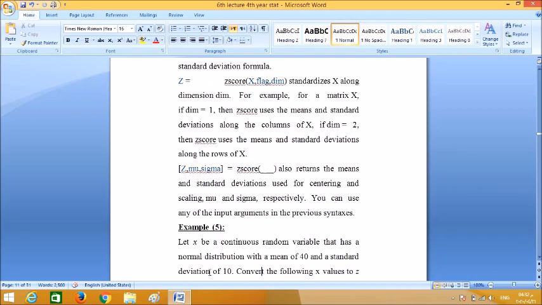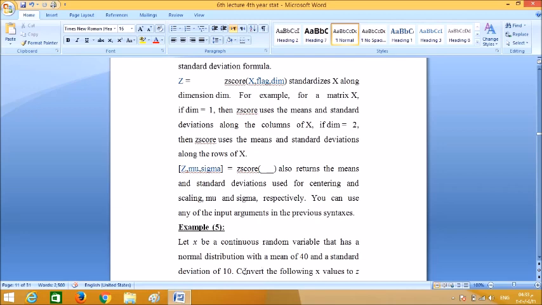Example number 5. Let x be a continuous random variable that has a normal distribution with a mean of 40 and a standard deviation of 10.